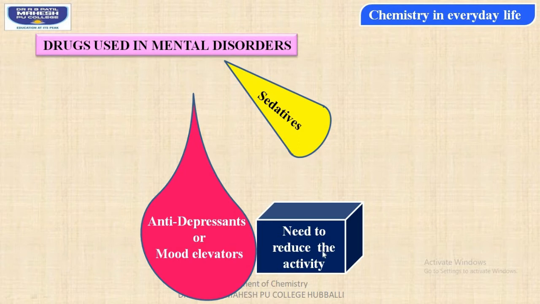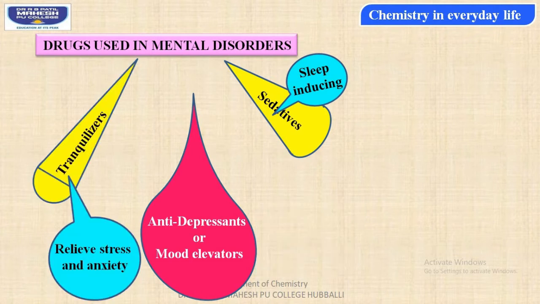And if we need to reduce the central nervous system activity, then the person had to be given sedatives, which induces the sleep in an individual, thus decreasing the central nervous system activity. Whereas tranquilizers relieves the stress and anxiety within an individual.